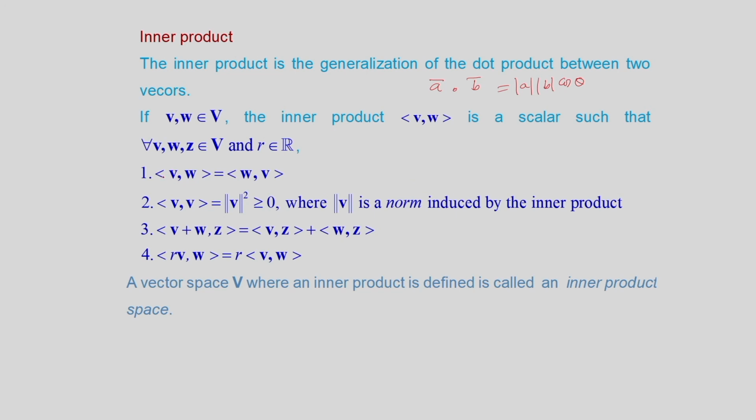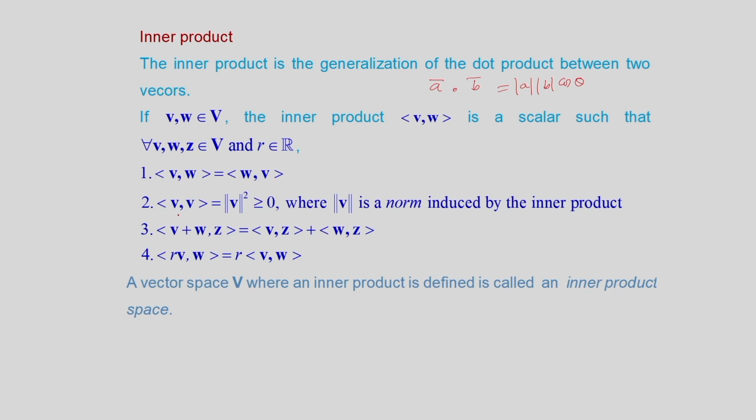The inner product of V, W is equal to the inner product of W, V. So, inner product is commutative. This property is known as the symmetry property.